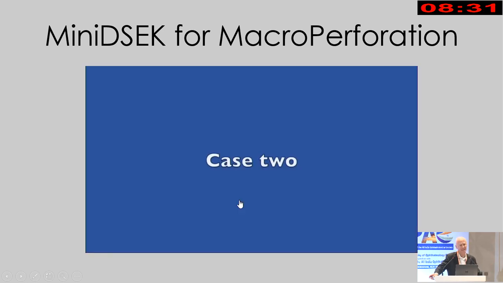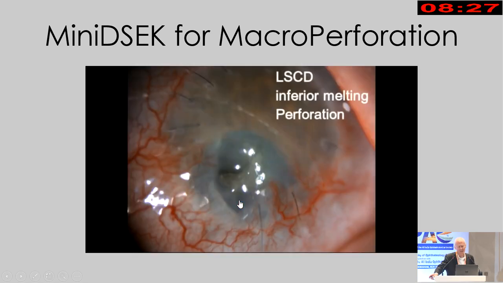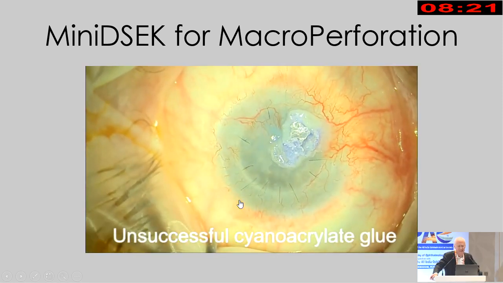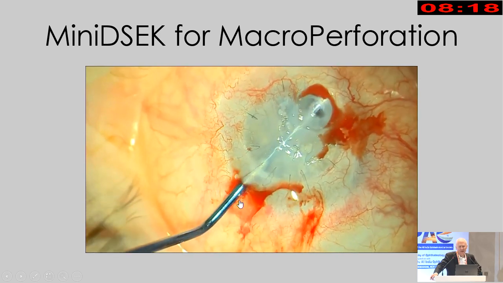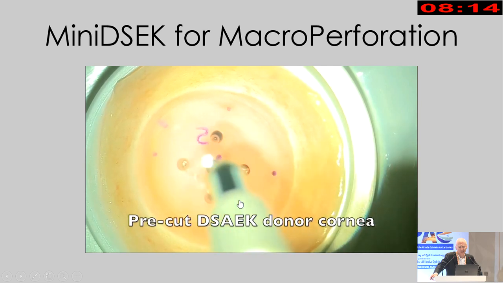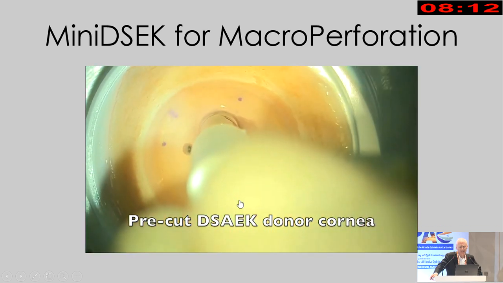It's rather a thick posterior donor there, posterior plug. So we then went down to a thinner plug, and this is a case of a peripheral melt. And that's freeing up the iris adhesions there, and then preparing the donor.